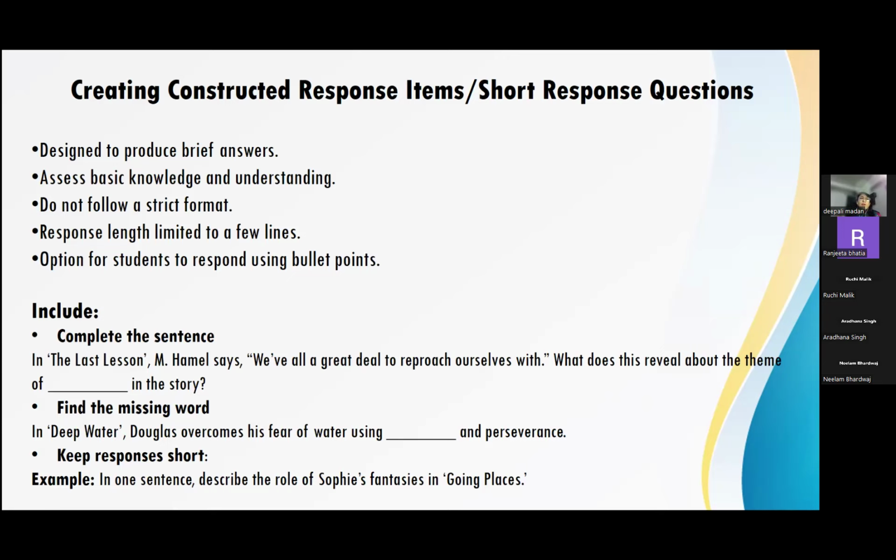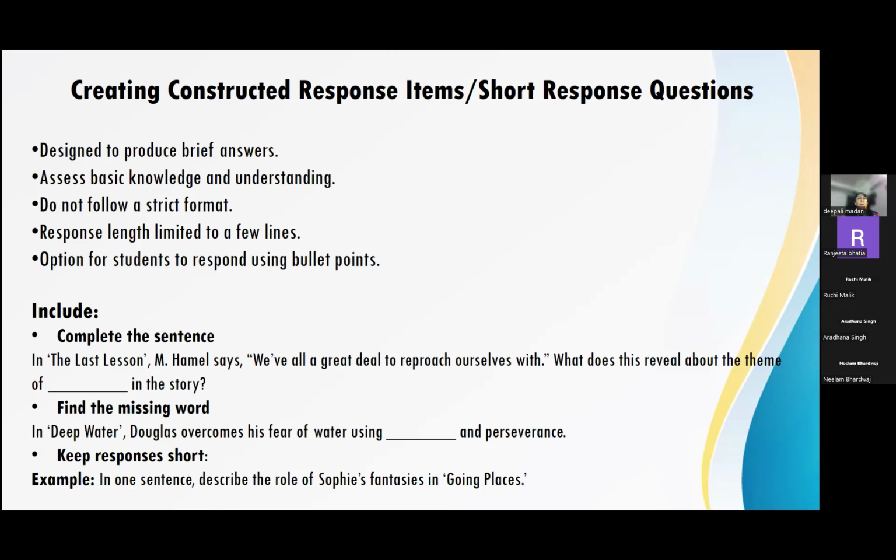But then we have to be sure that the students get a clear message that the response length has to be limited, because obviously the weightage is also less for these questions. So the question should not be such which requires them to write a lot. The response length is limited to a few lines or one sentence, sometimes a few words only. And the students can even respond in bullet points. So we should not be penalizing them for that.